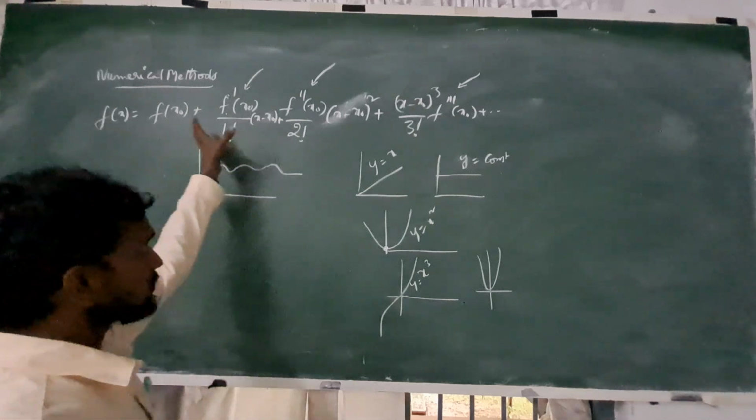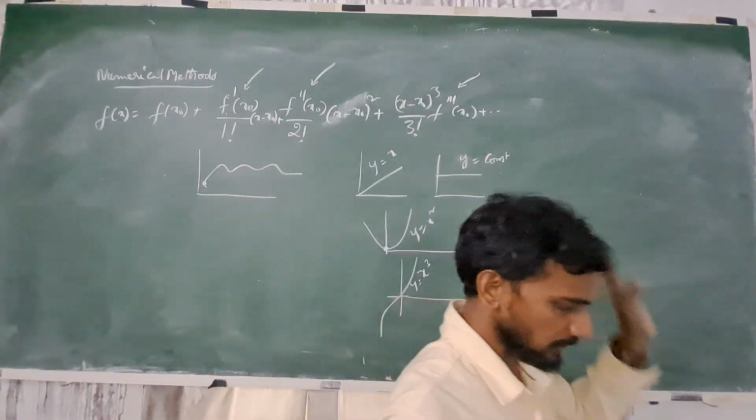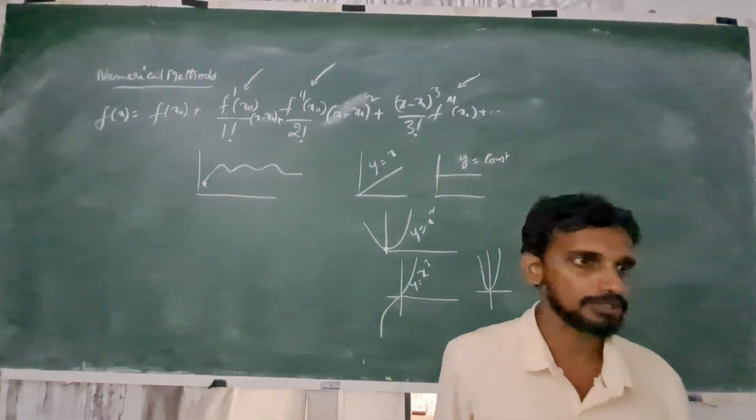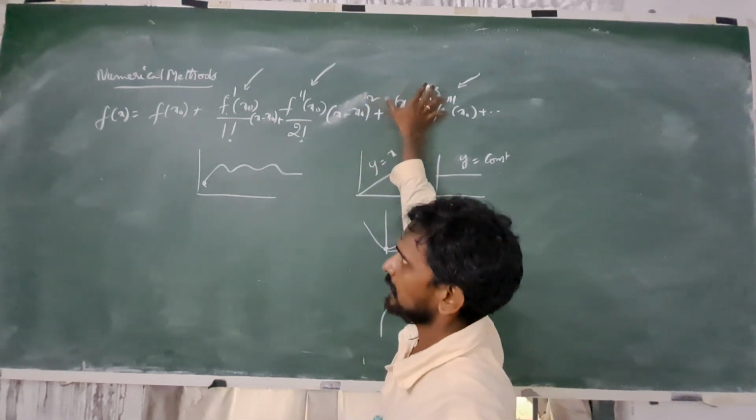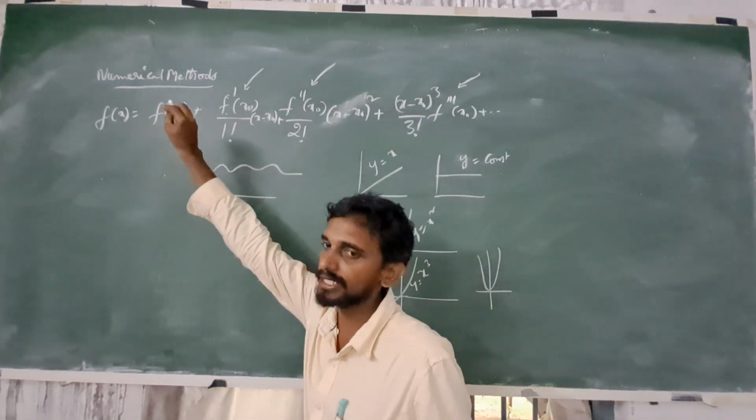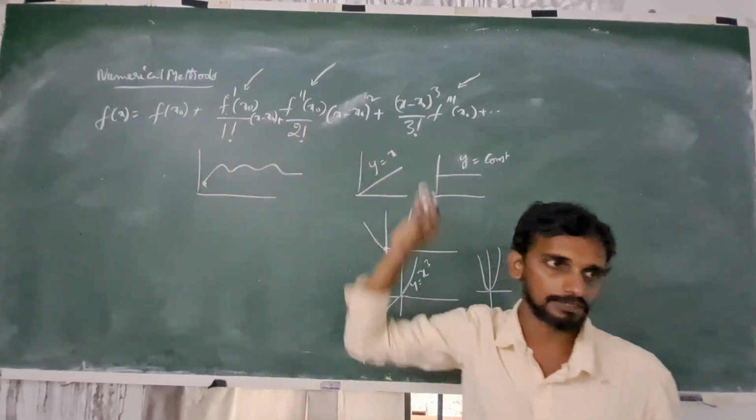So how to arrive at this Taylor series expansion is a matter of discussion that we will see in the next session. But the ultimate aim is we should be able to expand any given function as a Taylor series expansion.